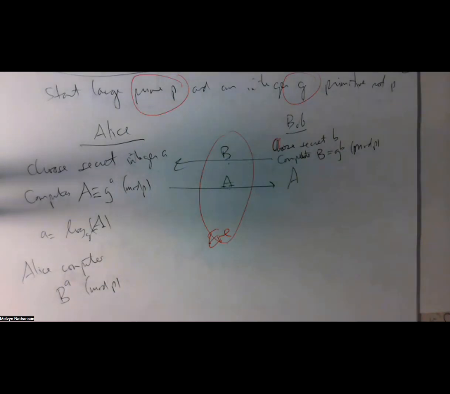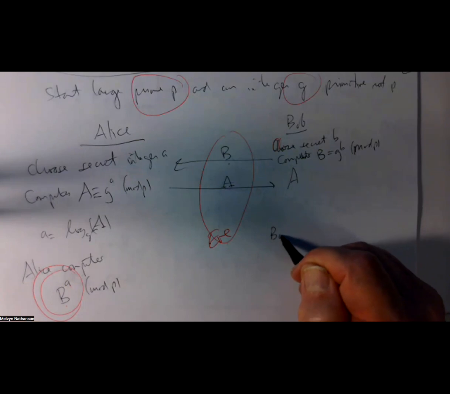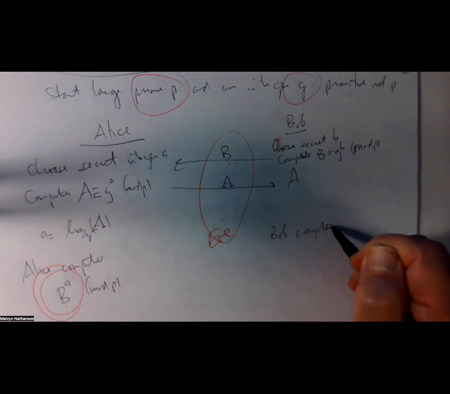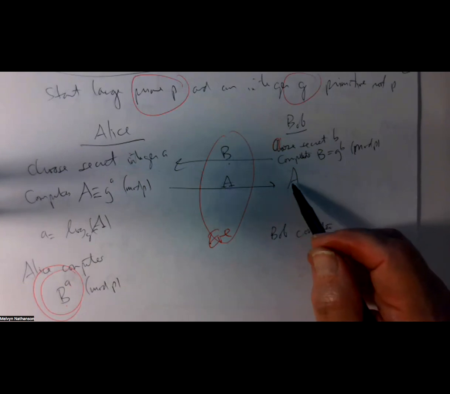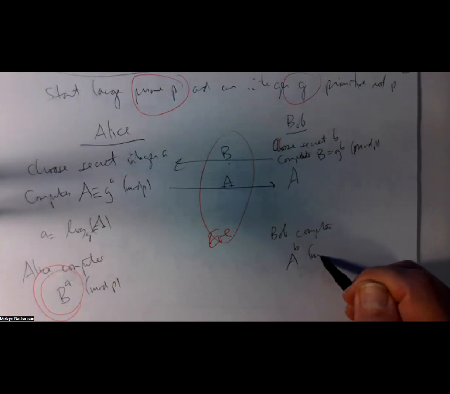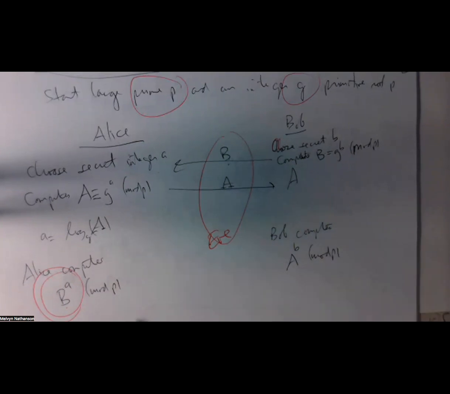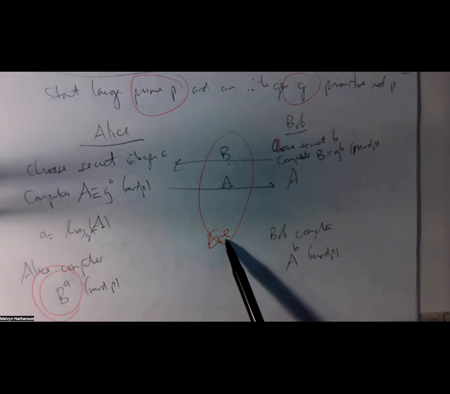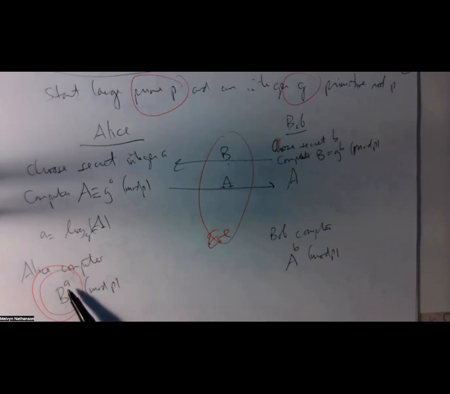So Alice has this number, capital B to the little a. Bob computes the number he got from Alice, capital A, raised to the power little b mod P. Now, notice the spy, the enemy, Eve, cannot do either of these calculations. Eve knows capital A and B. She does not know little a and b. So Eve cannot compute this number, nor can she compute this number.